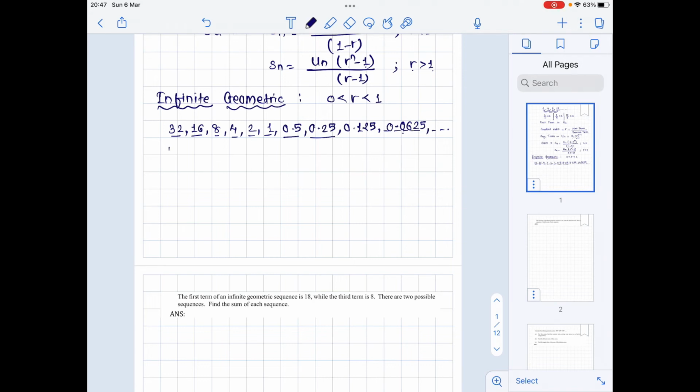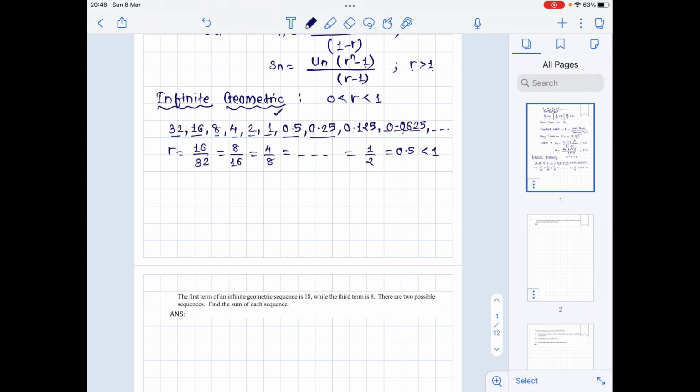So in that case, your ratio is 16 over 32, which is the same as 8 over 16, which is the same as 4 over 8, equal to 1 over 2. 1 over 2 is 0.5, which is less than 1 and more than 0, so it is an infinite geometric sequence.